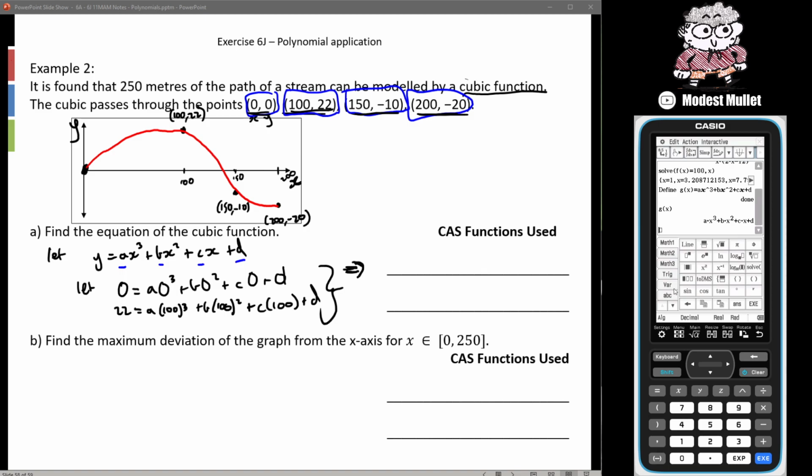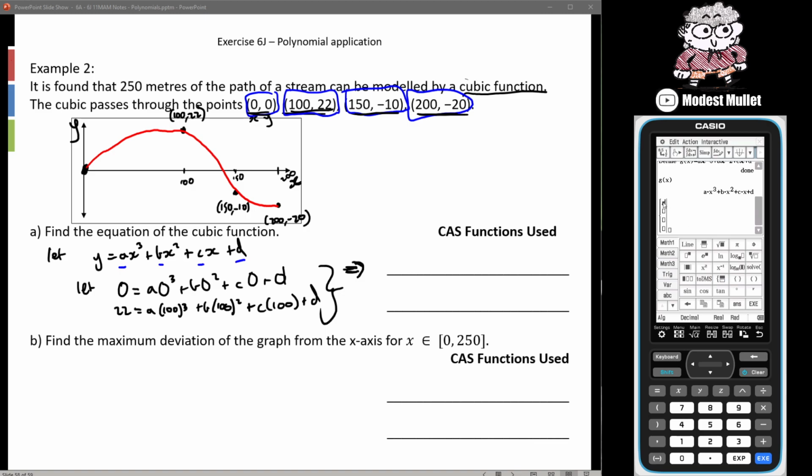How do we do this on the CAS? Well, we need to use the System of Simultaneous Equations solver. There is the solve over here, but that solves a single equation. We need to solve a system of equations, and that is in Math 1, next to the 2DMS button to the right of it. Now that gives us a solver for 2 simultaneous equations, but in our case we have 4. After you press it the first time, press it again, you get 3, press it again, you get 4.